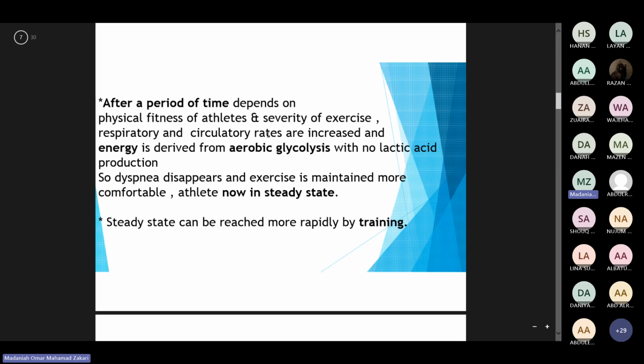After a period of time, we are still not steady yet, but it depends on the physical fitness of the athletes. What does fitness mean? Their muscles of respiration, their reservoir of oxygen, their ability to maintain adaptation to exercise. So it depends on the physical fitness of athletes and the severity of exercise.